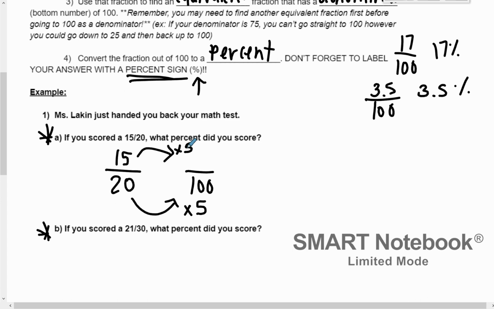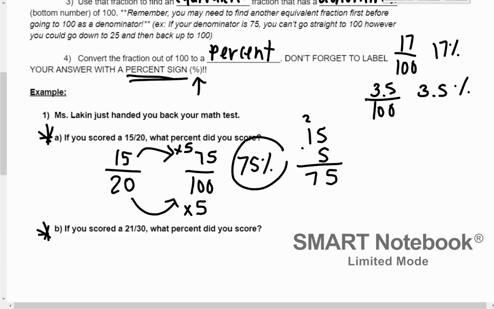Same thing on the top. Now, off the top of my head, I do not know what 15 times 5 is, so I'm going to pull it to the side and just do my multiplication. Last but not least, I need to write that number as a percent, since the question asks for a percent. So 75%, final answer. All right.